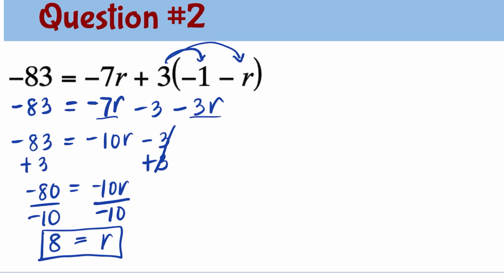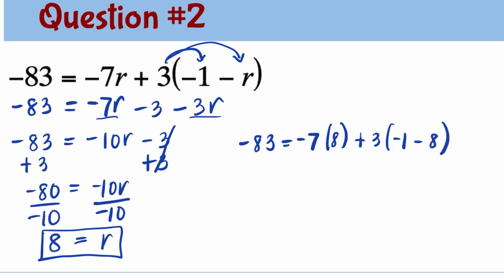Alright, let's check the answer. Let's plug in 8 for the r variable. So we have negative 83 is equal to negative 7 times 8, plus 3 times negative 1 minus the r value, which is 8. So here we need to simplify the right side of the equation. Negative 7 times 8 is negative 56.